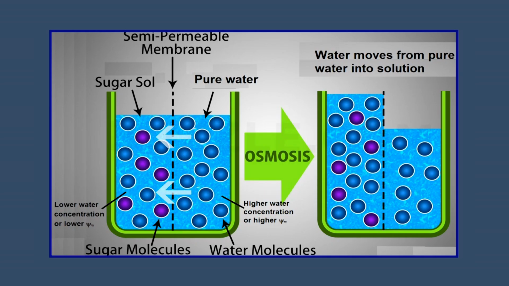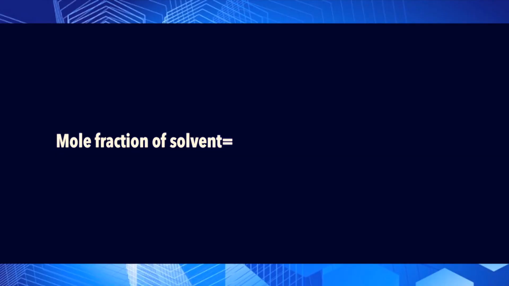However, water potential is inversely proportional to solute concentration. In solutions, solute particles decrease the chemical potential of solvent molecules and hence the water potential. This is due to the fact that the mole fraction of the solvent gets decreased.